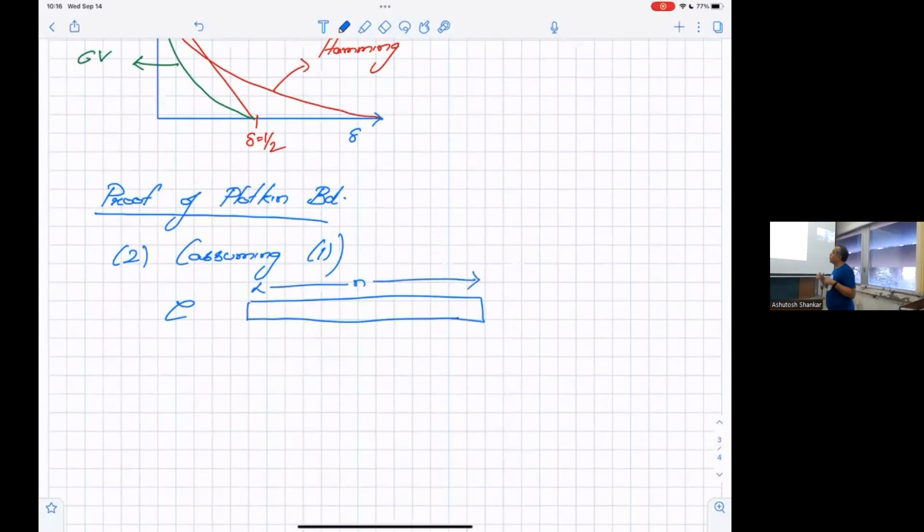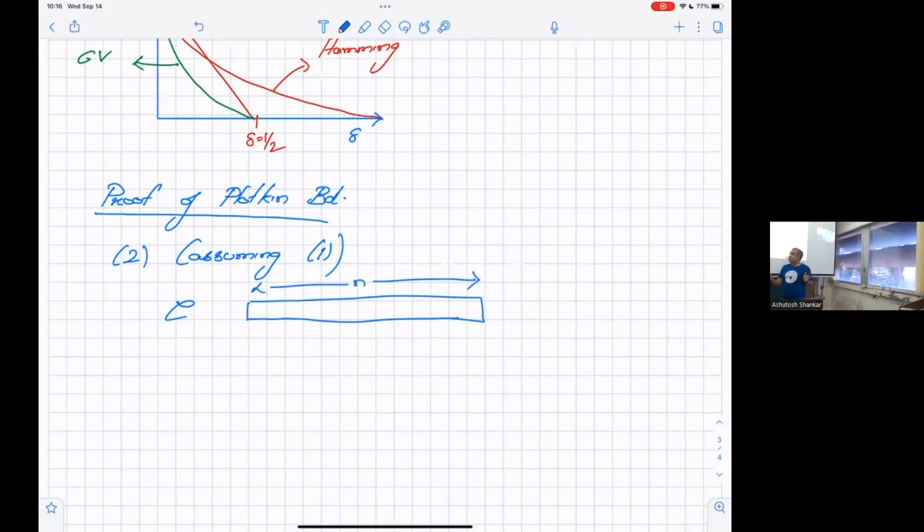Now, if we want to use 1, we have to look at codes in which the block length is less than 2d. Here this n could be much larger. We know that the code has distance d. So if you want to even apply 1, we have to look at things which have block length just a little less than 2d.